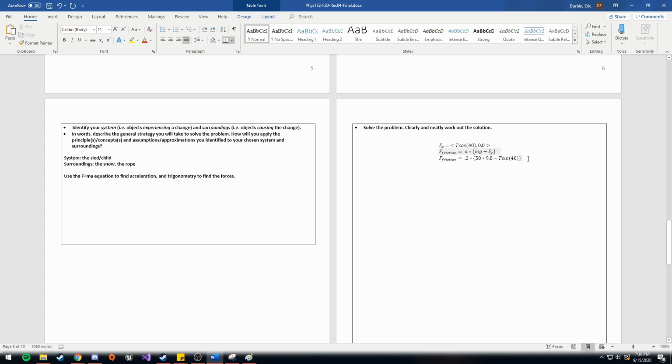Because it's not greater than any of them. It's 98 with 0.2. It's still less than both of them, and that's without subtracting T sine 40.